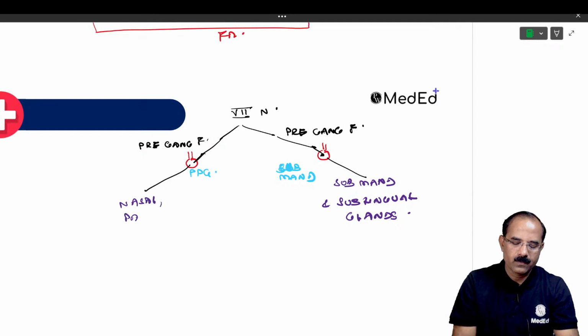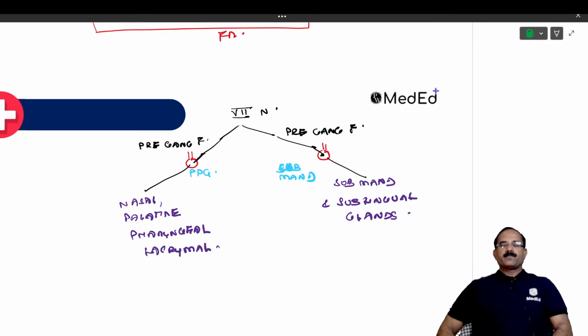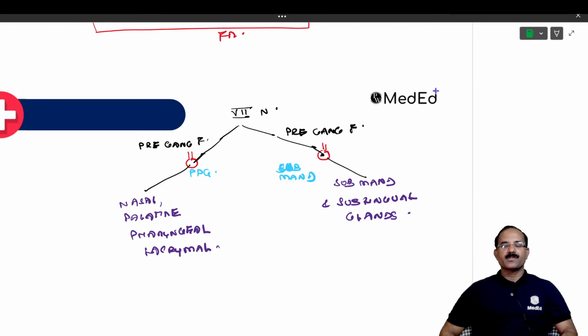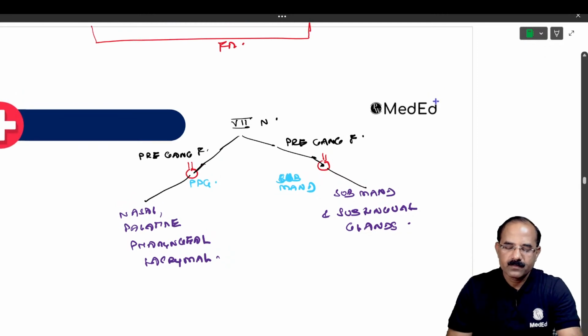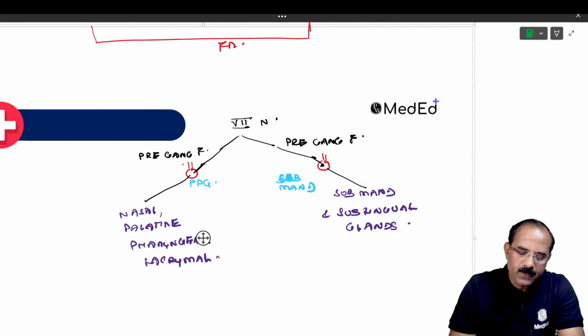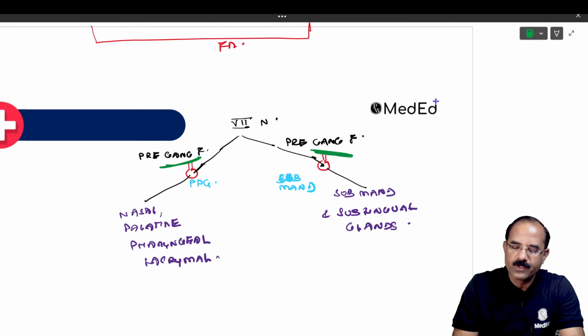Nasal, palatine, pharyngeal, lacrimal. ये क्या relation हो गया बोलो? What is this relation? This is functional relation. अब बोलो बच्चों, this ganglion is hanging from which nerve and this ganglion is hanging from which nerve?